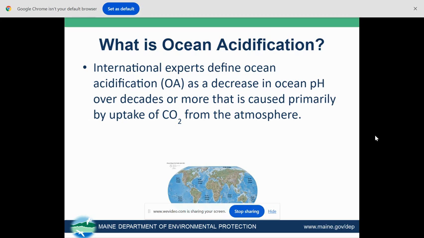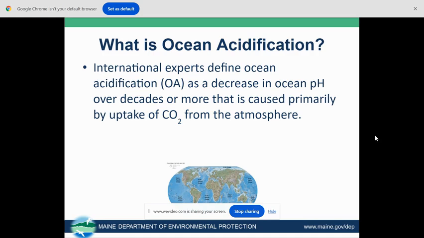So what we're going to relate this to this week, everything that we've learned about pH and acidity, we're going to relate that to ocean acidification. So this is a term that is used by international experts to describe a decrease in ocean pH over the decades.